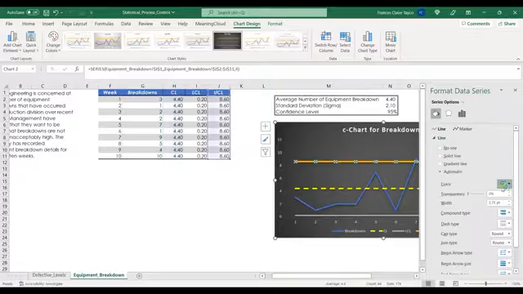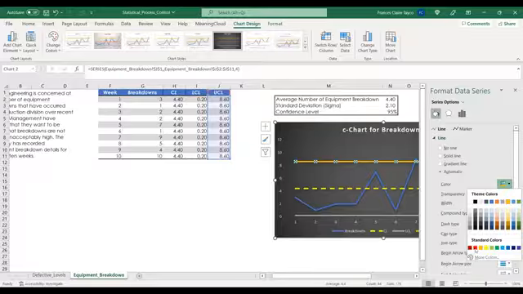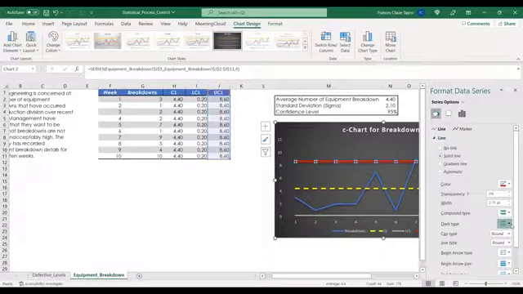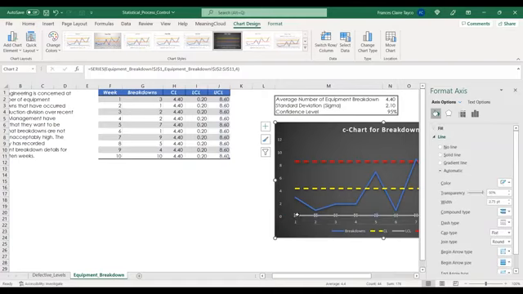Change this to red. Dotted lines. Same as with the control line, the lower control limit.